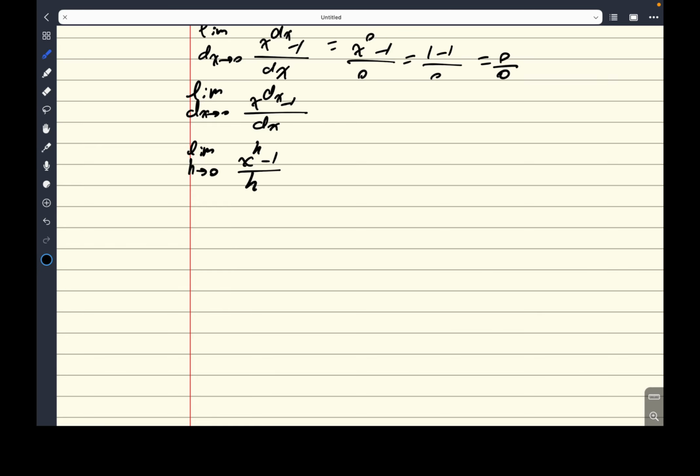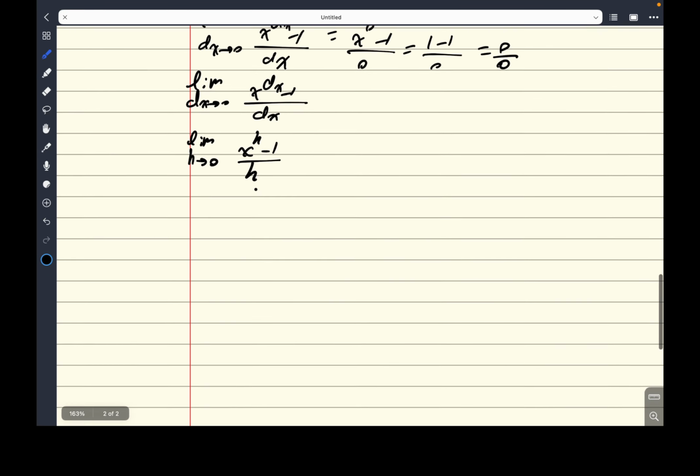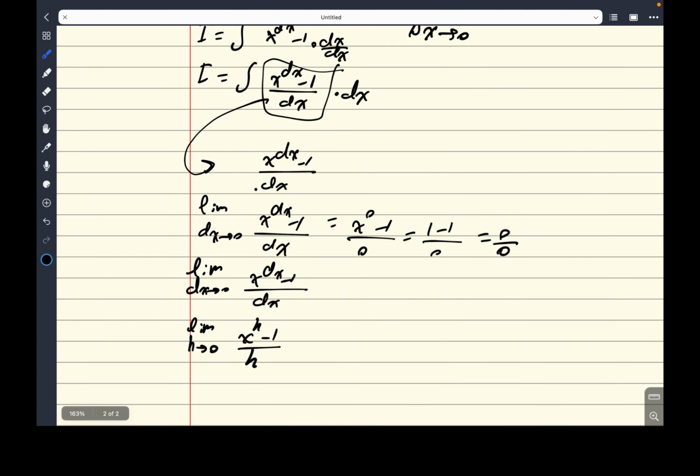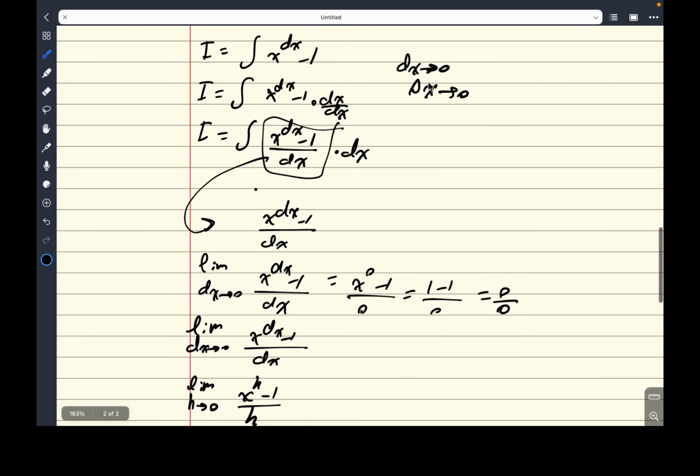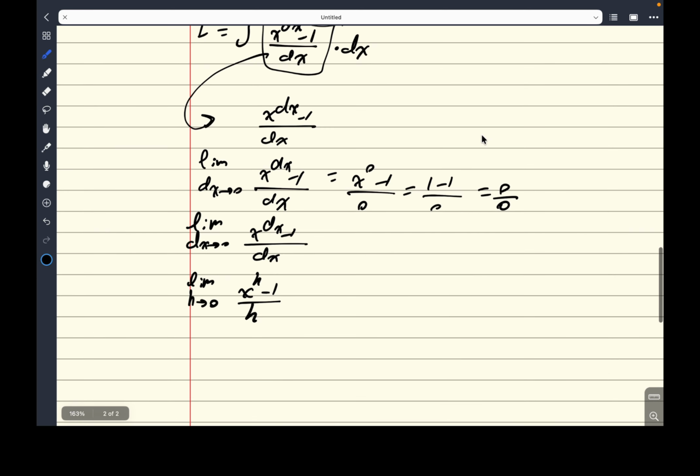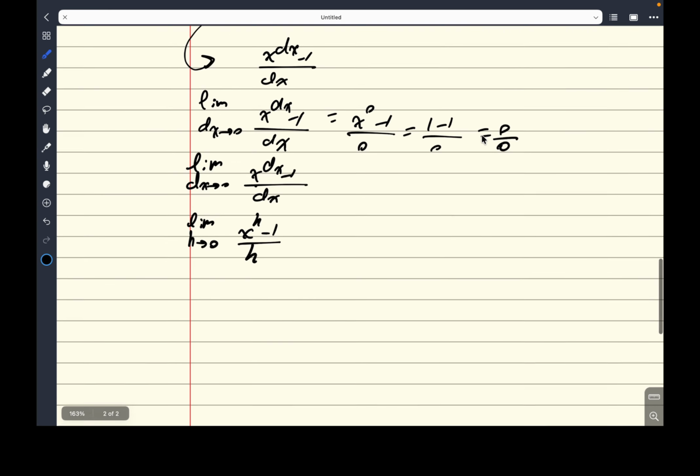You might remember h from the limit definition in calculus, and because they're very similar concepts, here our dx is a small change in x approaching 0, and in the derivative definition by limit we want to find the slope when the change in x is very small.